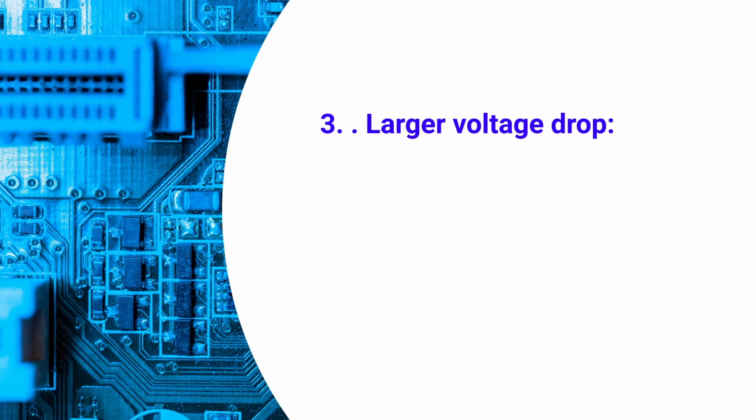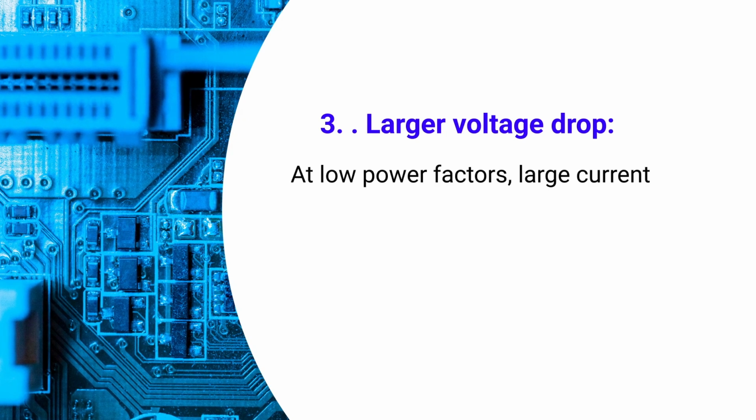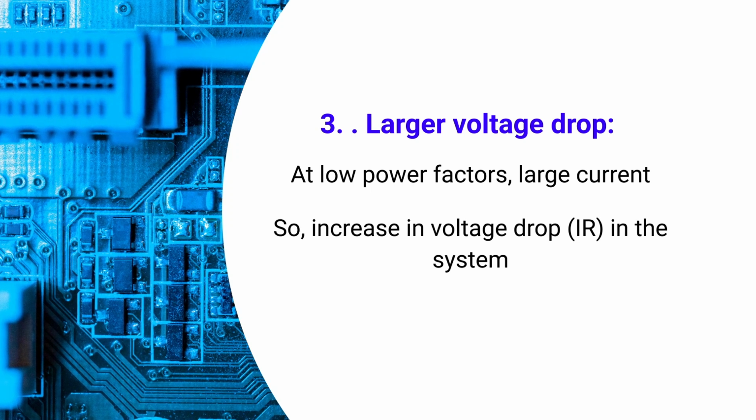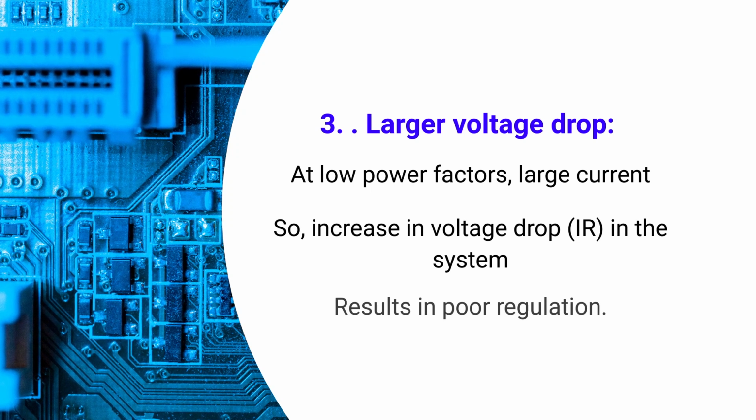Third is larger voltage drop. So at low power factor, conductors have to carry large current that increases the voltage drop IR in the system and results in poor regulation, because for the low power factor value the current is increasing and resistance of the wire is assumed to be fixed.